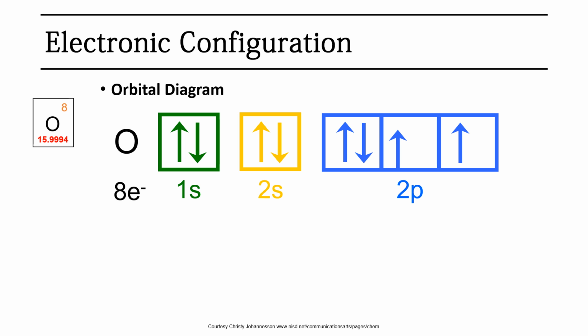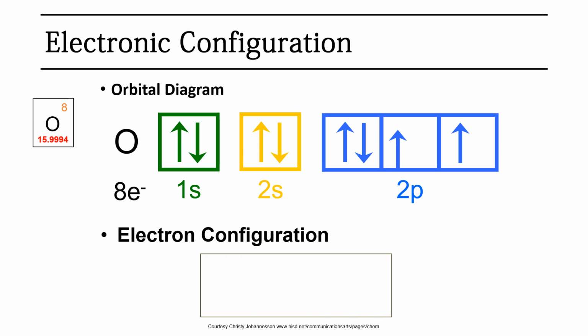That is the orbital diagram for oxygen, the electron filling pattern. Therefore you can write the electronic configuration as 1s2, because 2 electrons fill the 1s orbital, 2s2, because 2 electrons fill the 2s orbital, and 2p4, because 4 electrons fill the 2p orbitals.